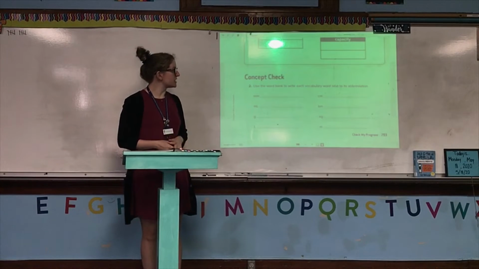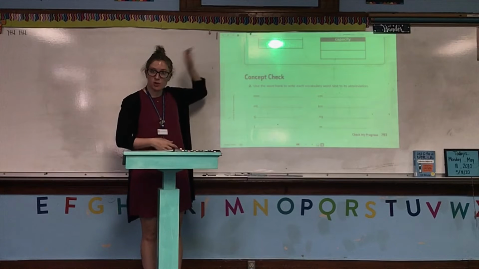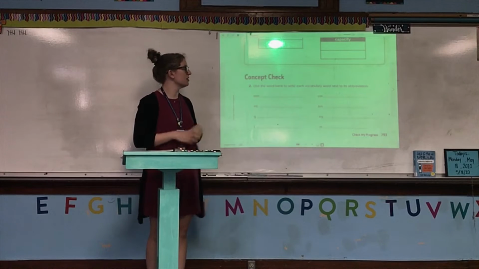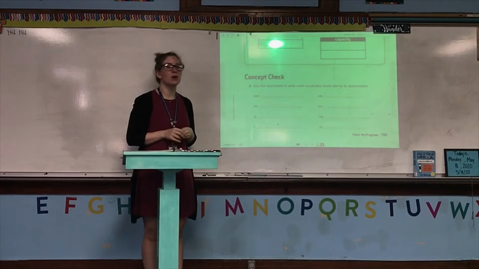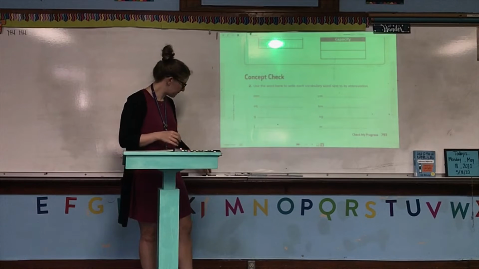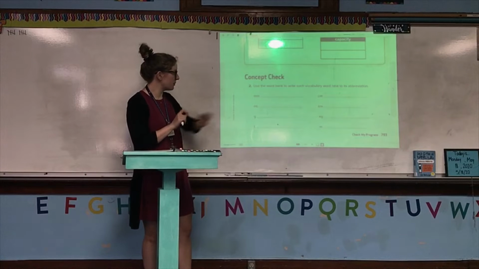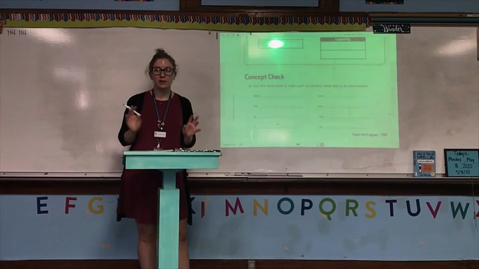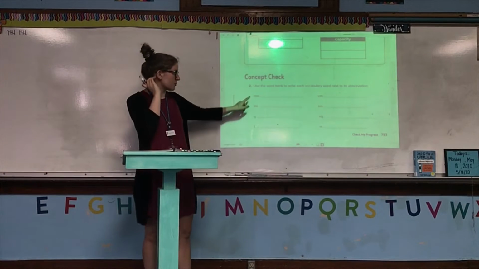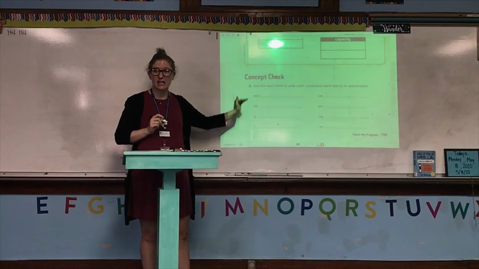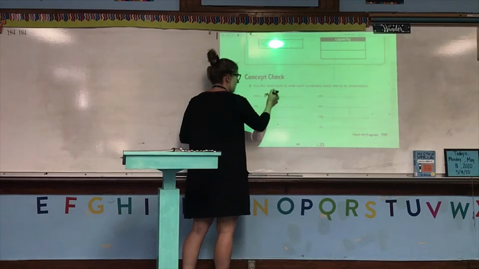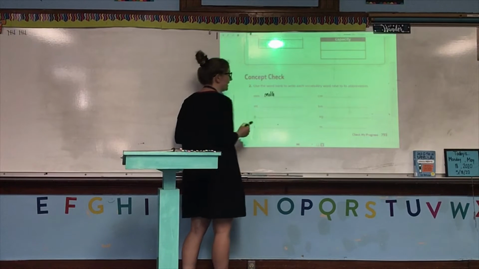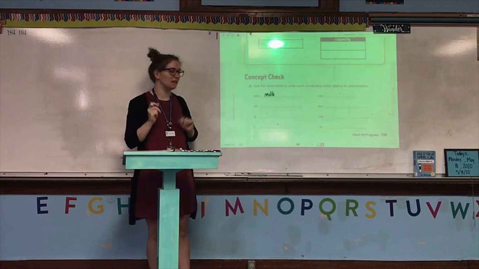So number 2 says, use the word bank, that same word bank from before, above these charts, or these tables really, to write each vocabulary word next to its abbreviation. Okay, so let's see. The first one we have is MM. Well, we know if we have 2 letters and the first one is M, and we're talking about the metric system, it's always going to stand for this prefix milli.